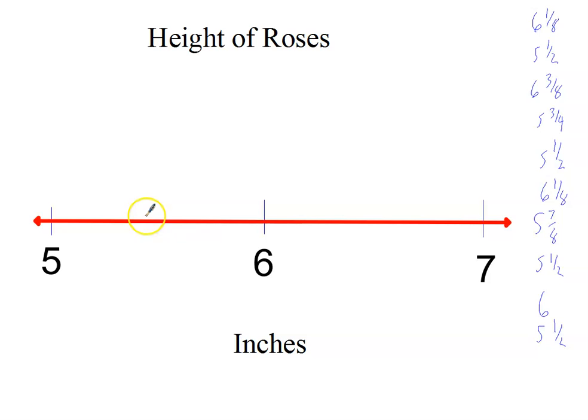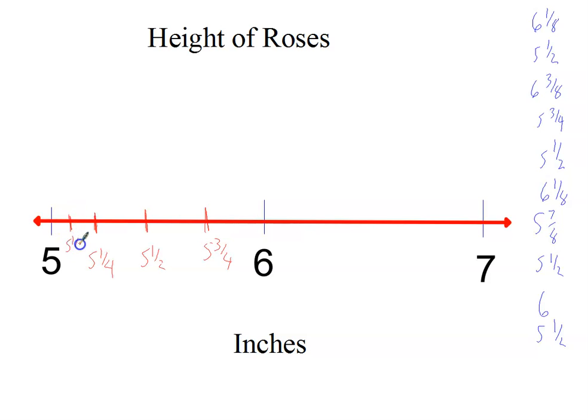So right in the middle of 5 and 6, I know this is going to be 5.5. And I know right between 5 and 5.5, it's going to be my 5 and 1/4. And right here is going to be 5 and 3/4. But if I look over here, I notice I'm going to have a 5 and 7/8. So we're going all the way to 1/8 inches, just like when we were measuring with 1/8 inch rulers.